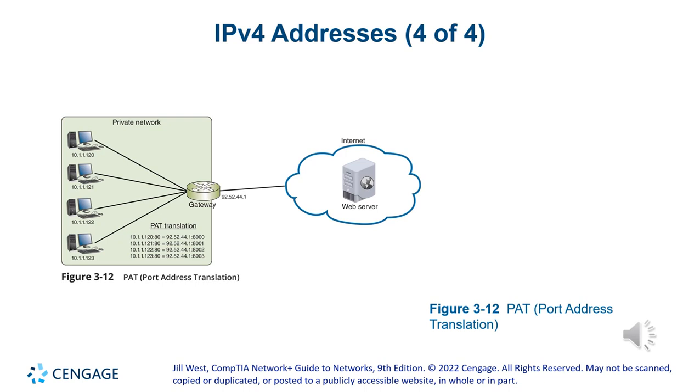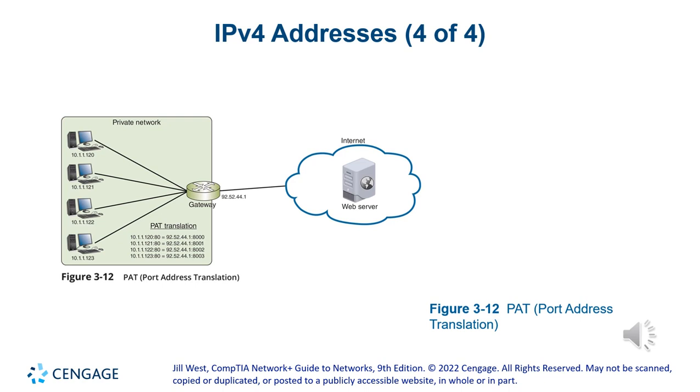So let's say computer .120 requests a web page from Google, but .121 requests a page from CNN. When it goes out to the internet and gets to those web servers, and you get a reply back, then that gateway, your router there, will keep track and see who's the one that requested Google and say, oh, that was the client with 8000.